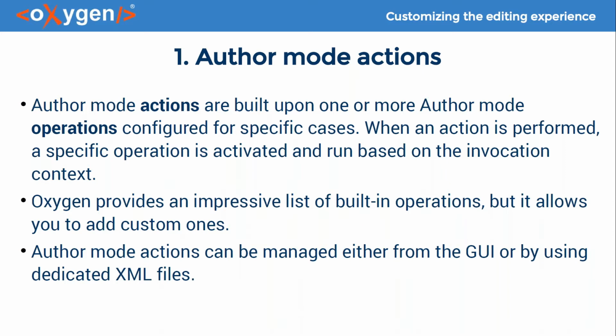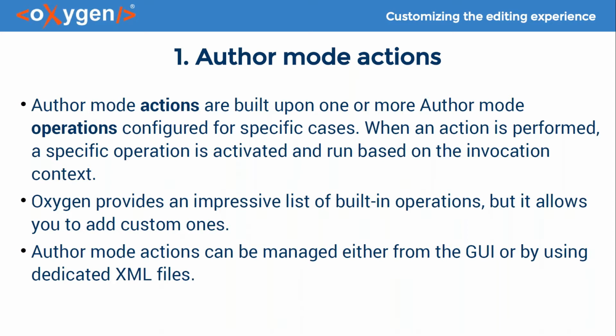You should know that an author mode action is built upon one or more author mode operations. And when an action is performed, what happens actually is that a specific operation is activated and run based on the context where you invoke the action.